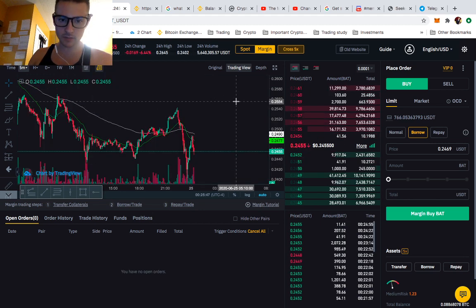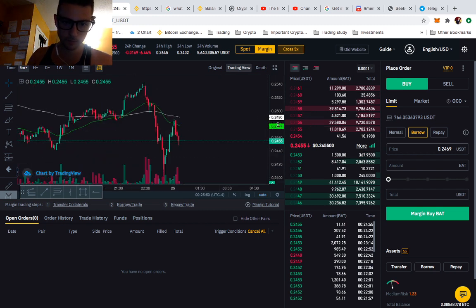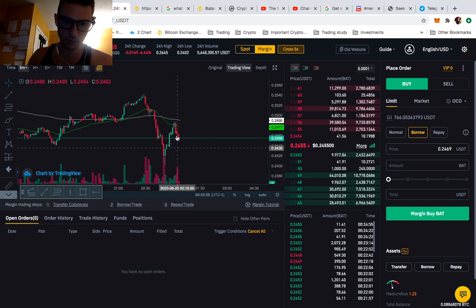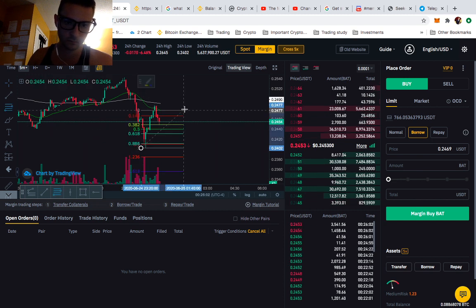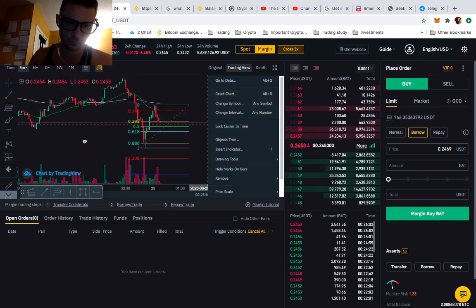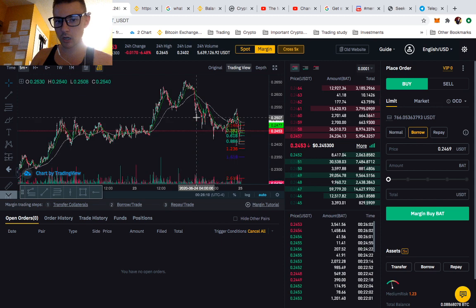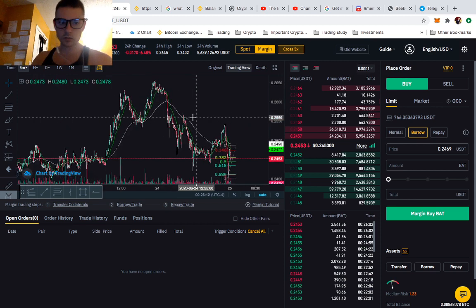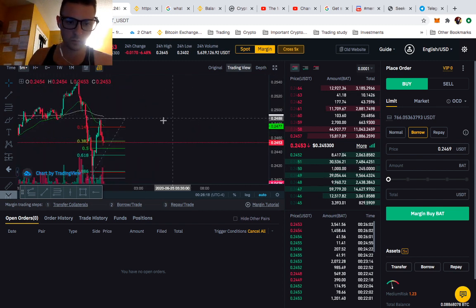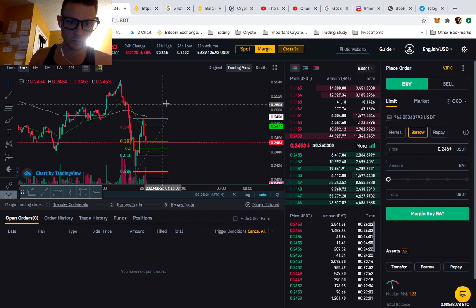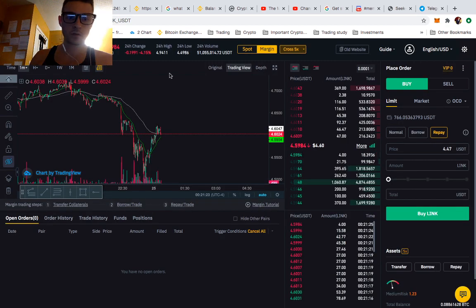So here's BAT. If you want to buy the retracement, this looks like it's getting supported on this candle. It all depends what Bitcoin's going to do, which I think is consolidating.